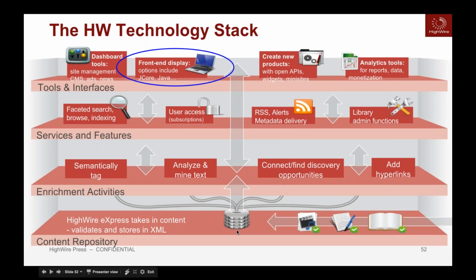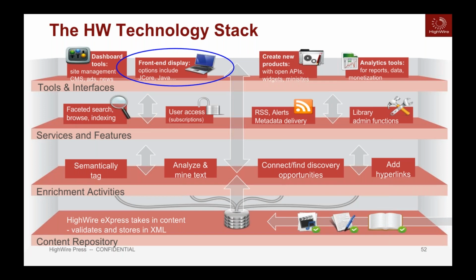Any of the journal content is going to come through what we call HighWire Express, down here at the content repository. It's going to get semantically tagged and analyzed and ready for publication. And it's going to get moved up into JCore after it's finally done and the publisher is ready to publish. So its content flows there and then up to JCore.